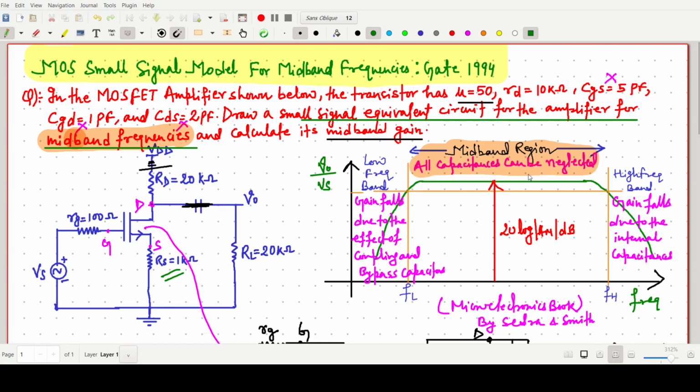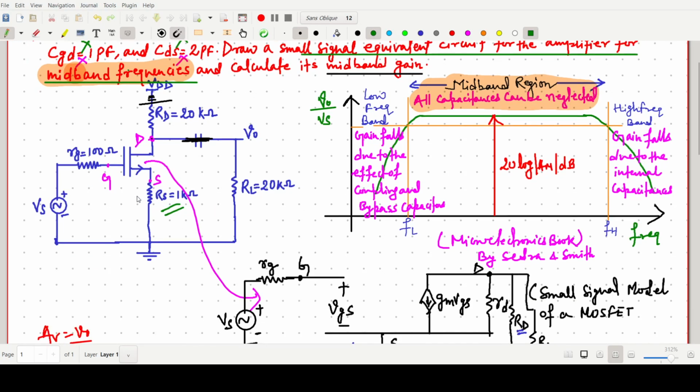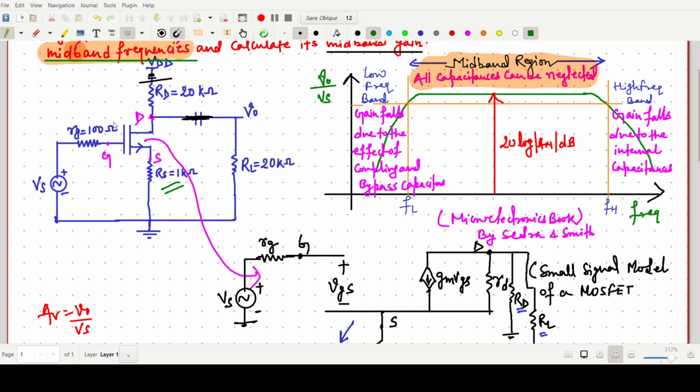For problem solving, neglect all other capacitances, so there is no role of CGS, CGD and CDS. After that, we know the small signal model for this transistor. The corresponding model is simply this one.